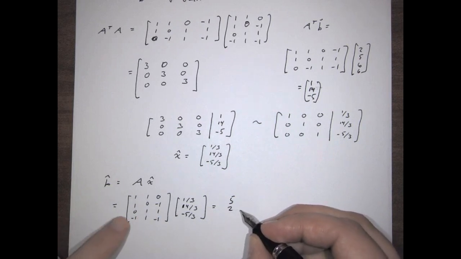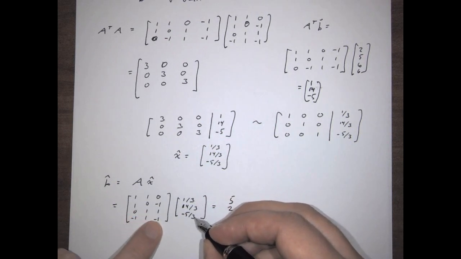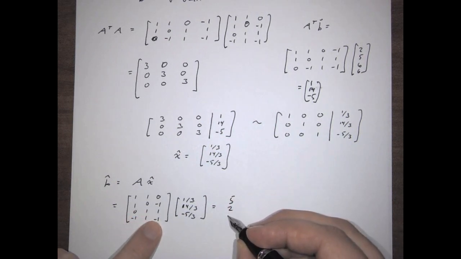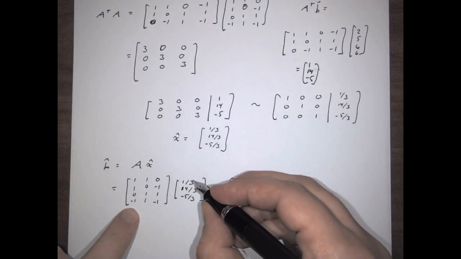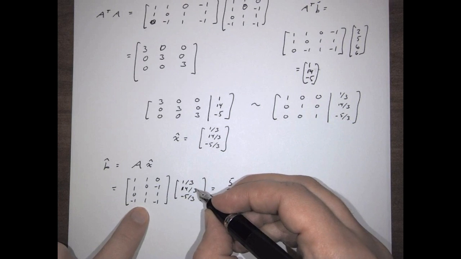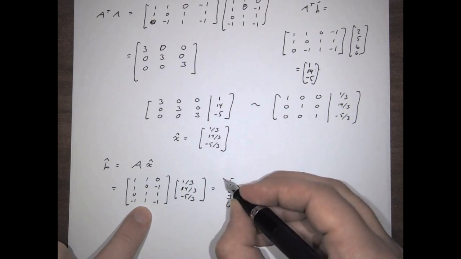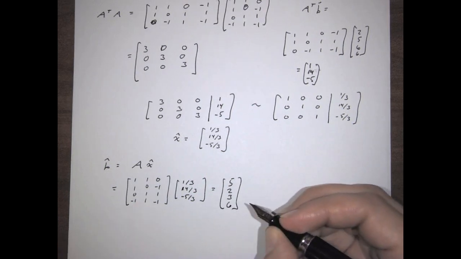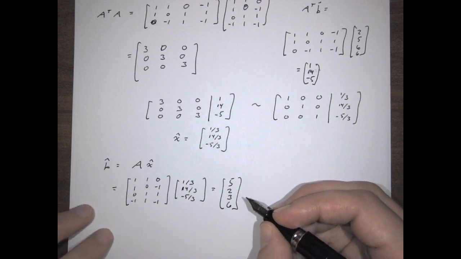And then what we have is 14/3 minus 5/3 is 9/3, which is 3. And then here we have negative 1/3 plus 14/3 plus 5/3, so it's going to be 18/3, which is 6. So 5, 2, 3, 6 is, I believe, the answer.